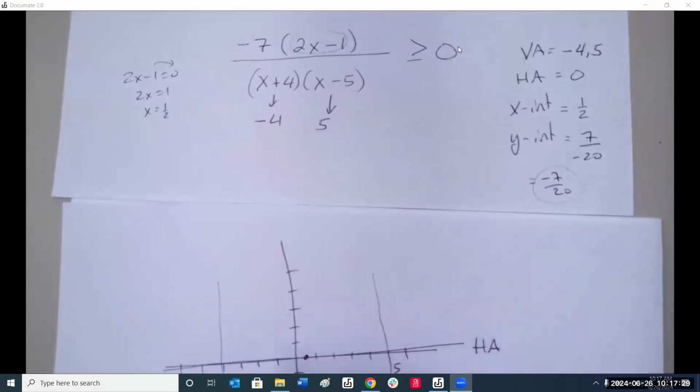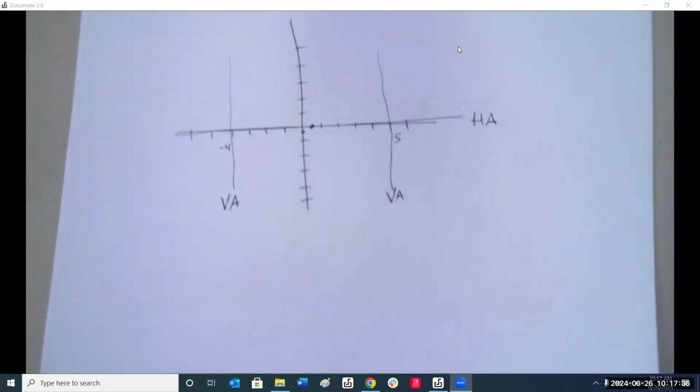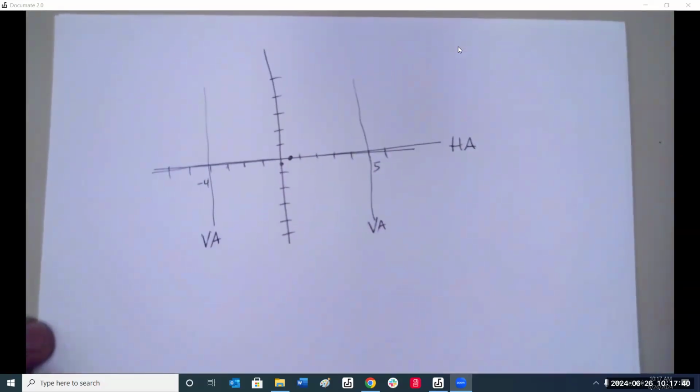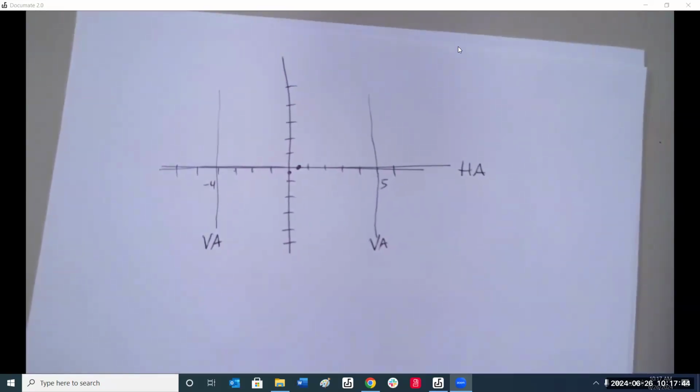And the y-intercept is negative 7/20. What do we do next?